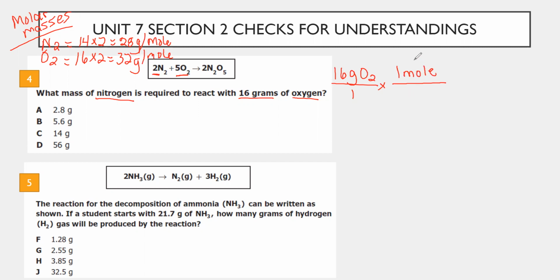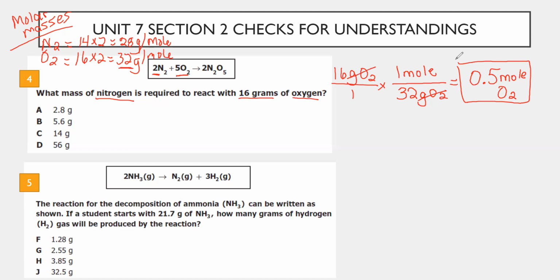And how many did we say were in 1 mole of O2? We said there was 32 grams. Cancel that out. End up with 16 over 32. So you are going to end up with half a mole. Okay, so we have half a mole of oxygen in those 16 grams.